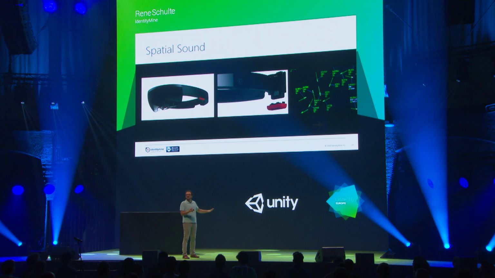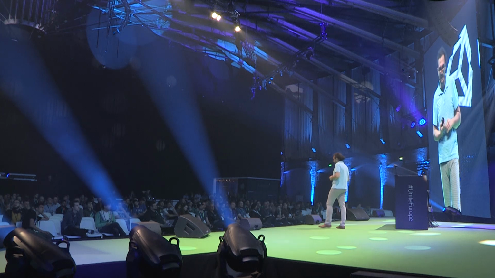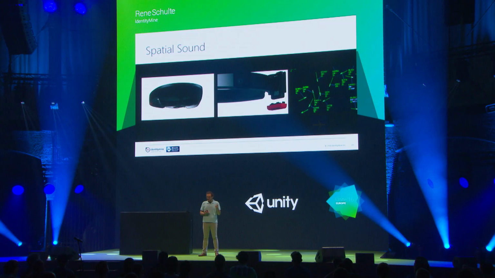So I might be searching, where can I look? You can do some visual hints, but spatial sound is also amazing for doing that kind of spatial hint to the user where to turn the head. Because when you hear the sound, you know immediately where to turn your head. They did a very good job at implementing this functionality. And if you have a use case in your application, make sure to use spatial sound. It's really the topping on the cake, if you will.